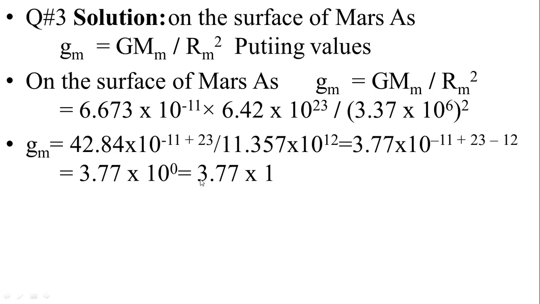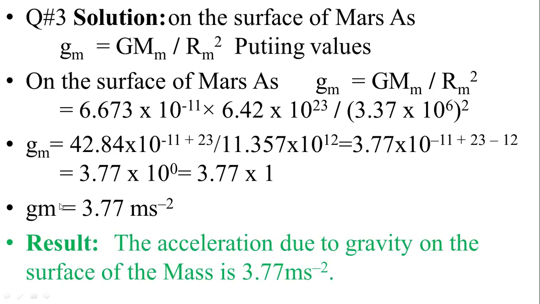So the final answer: 3.77 multiplied by 10 raised to the power 0 is equal to 3.77. The value of gm is equal to 3.77 meter per second square. The final result: the acceleration due to gravity on the surface of Mars is equal to 3.77 meters per second square.